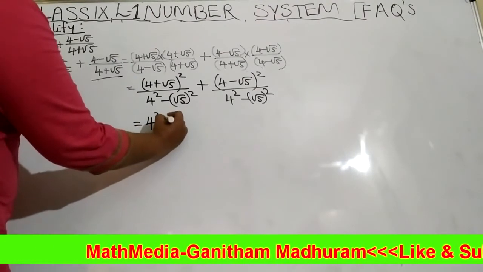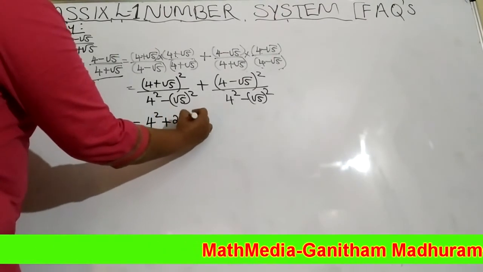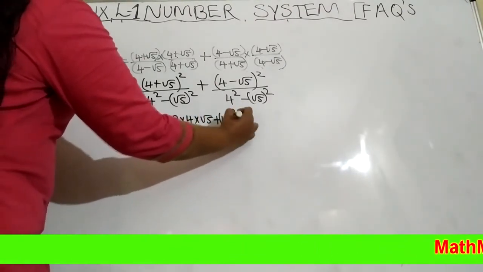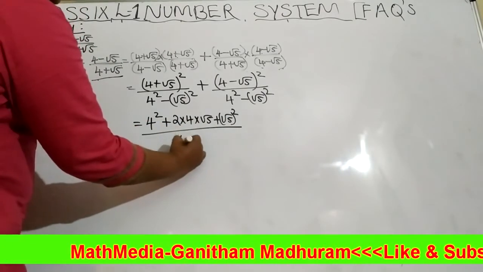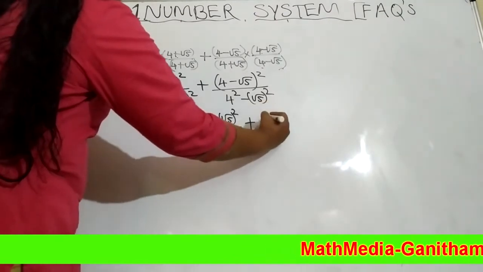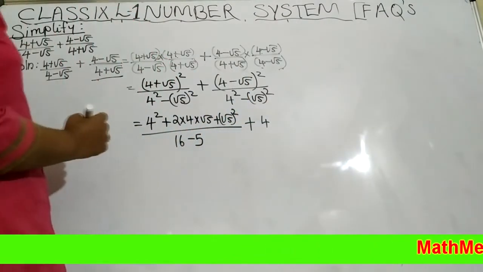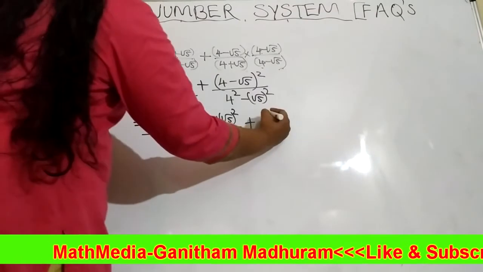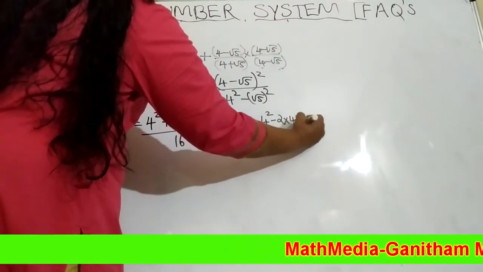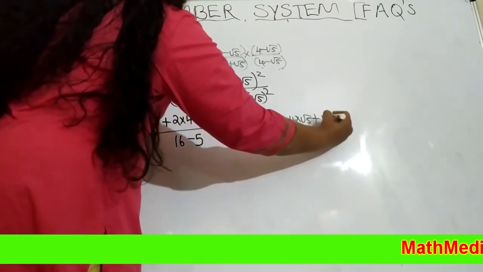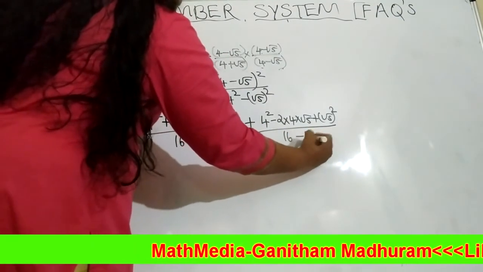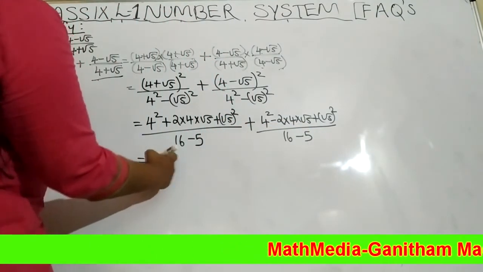That is a square plus 2 into 4 into root 5 plus root 5 whole square, divided by 16 minus 5, plus, this is in the form of the identity a minus b whole square, that is a square minus 2 into a into b plus b square, upon 16 minus 5.